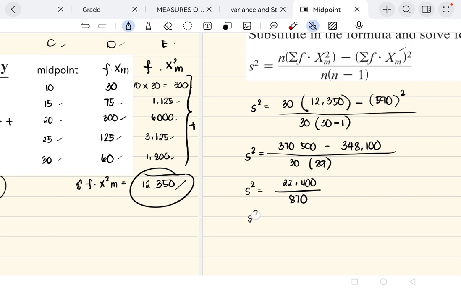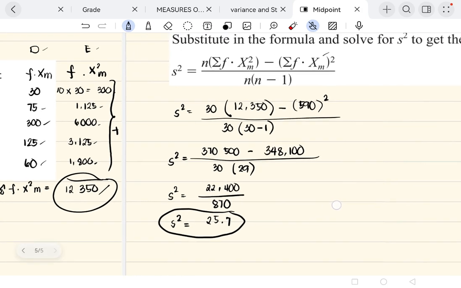So s squared equals 22,400 divided by 870, that is 25.7.